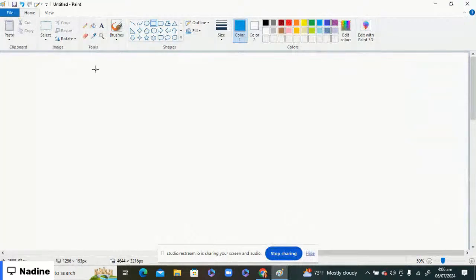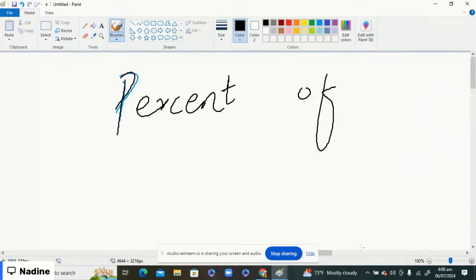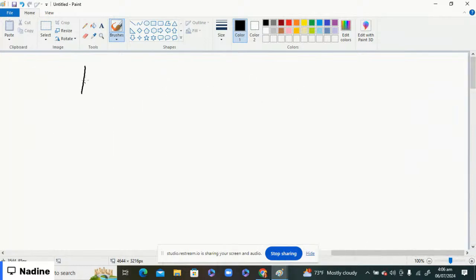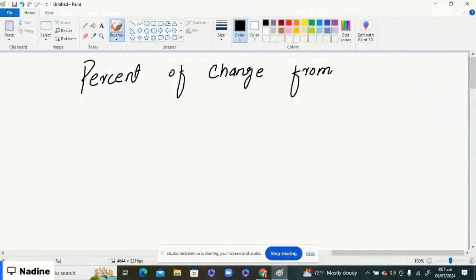Percent of change, they are saying from 60 to 81. All right, what's the formula for that?